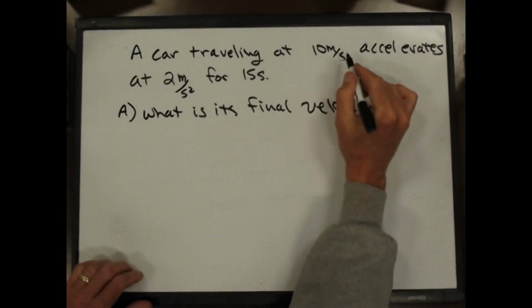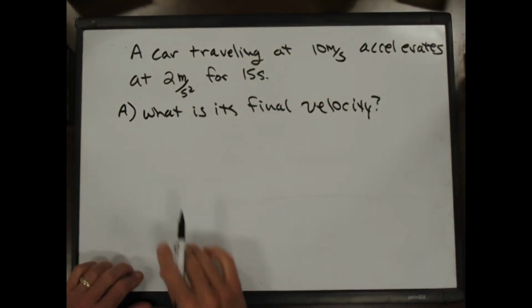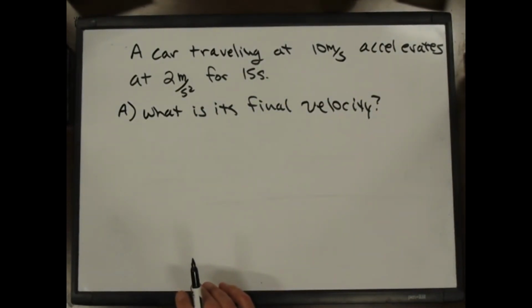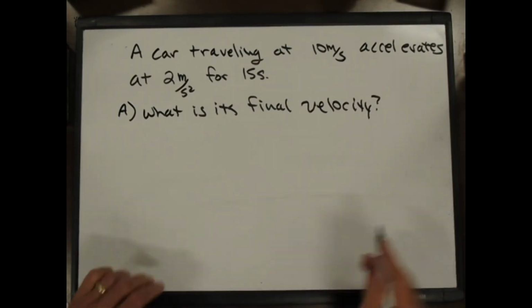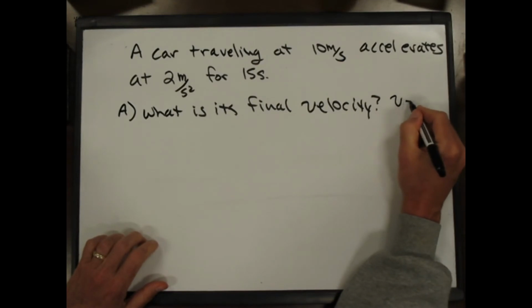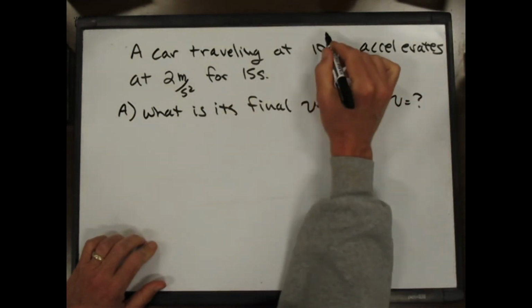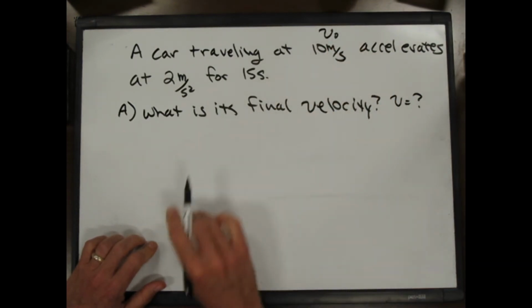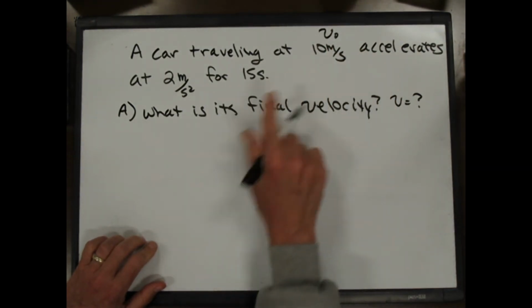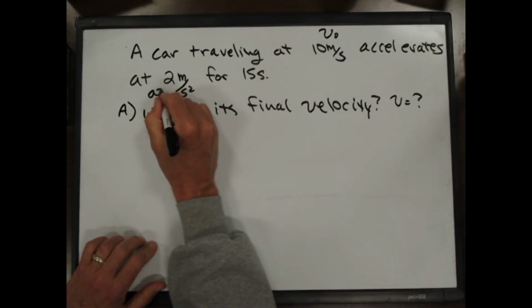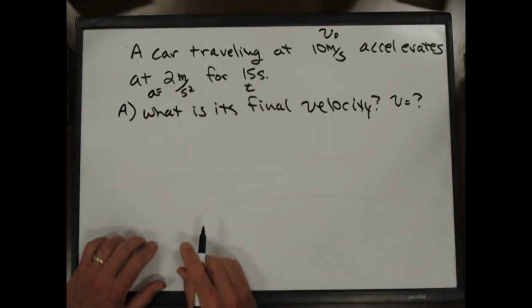A car traveling at 10 meters per second accelerates at 2 meters per second squared for 15 seconds. What's its final velocity? What we're looking for here is v. Since it's initially traveling at 10 meters per second, that's v naught. This is the acceleration, and this is the time.